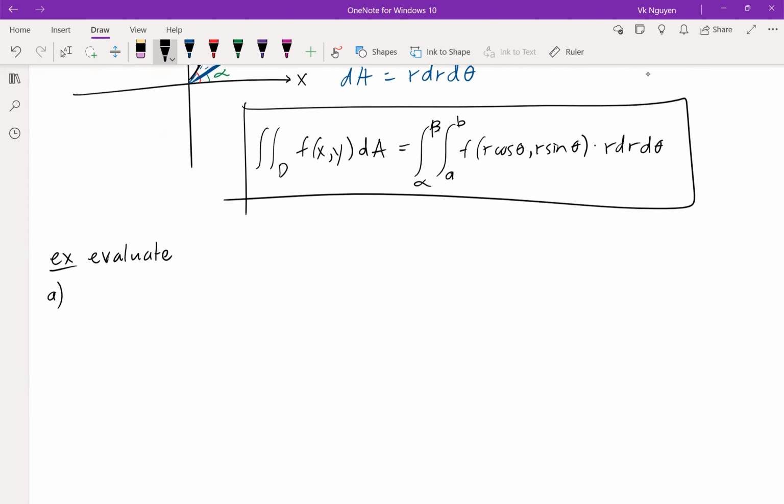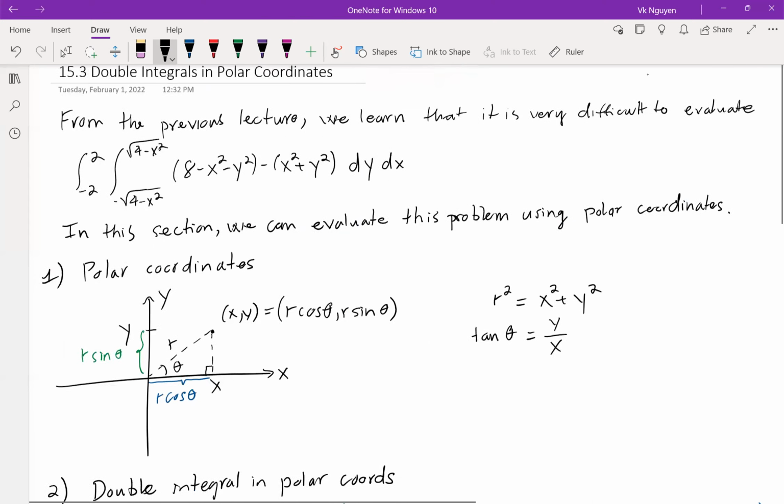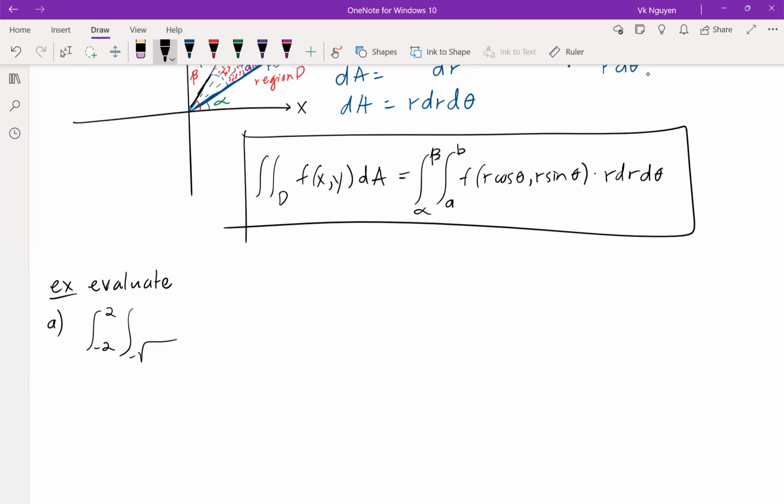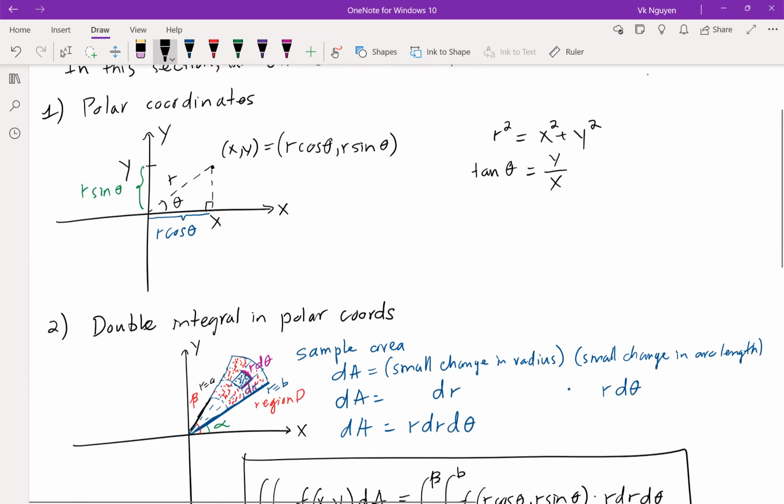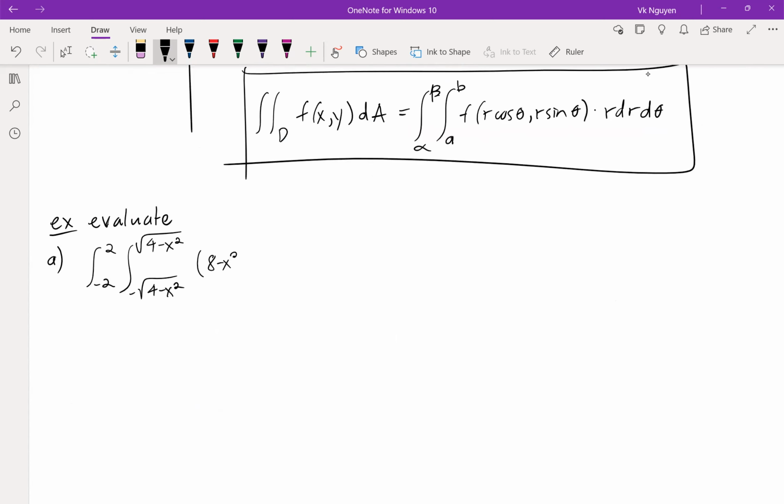I'm going to do a few more examples. The integral from negative 2 to 2, from negative root of 4 minus x squared to root of 4 minus x squared, of 8 minus x squared minus y squared minus x squared plus y squared dA.